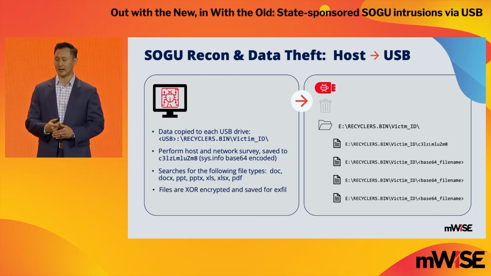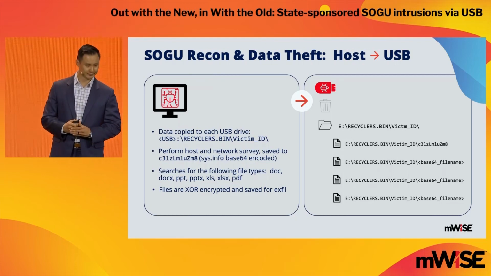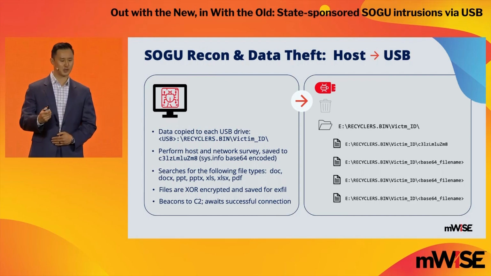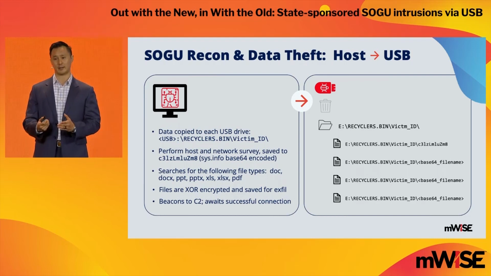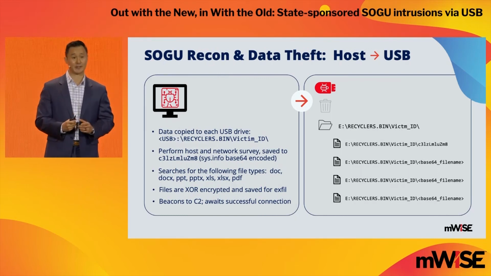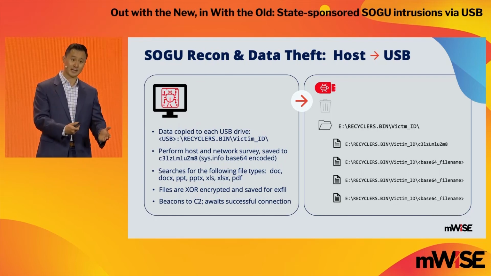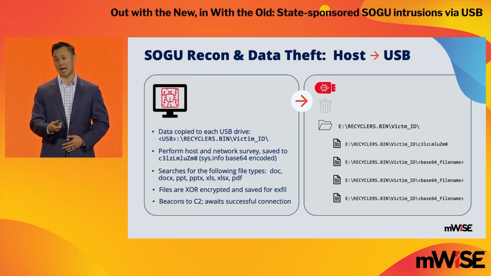If it finds them, it XOR encrypts them with a hard-coded key, storing them to that USB exfiltration directory. And then it beacons to the C2 server, awaiting a successful connection. So at this point, files from that air-gapped host are copied onto the USB drive, and if a victim inserts it into a system with an internet connection, or if that C2 beacon is successful, this is what happens next.